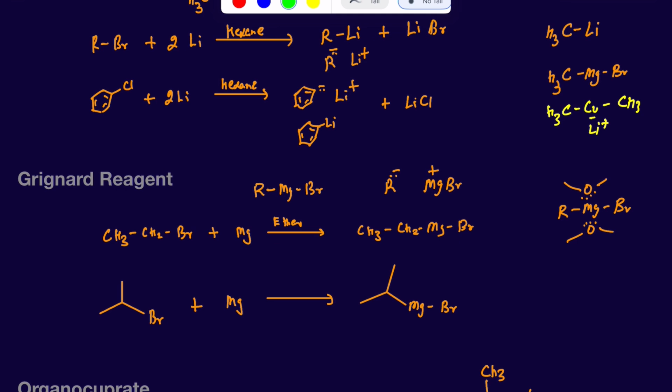The electronegativity difference is even smaller when we compare the carbon and copper in this case, because copper is way kind of in the middle of the periodic table. And as a result, you do get a negative charge on that carbon, which can possibly act as a nucleophile, but it's not going to be as strong as you would see in the case of carbon magnesium. And obviously, carbon magnesium is not as strong as you would see in the case of carbon lithium. So that's the difference. It's really the electronegativity difference that plays an important role here.